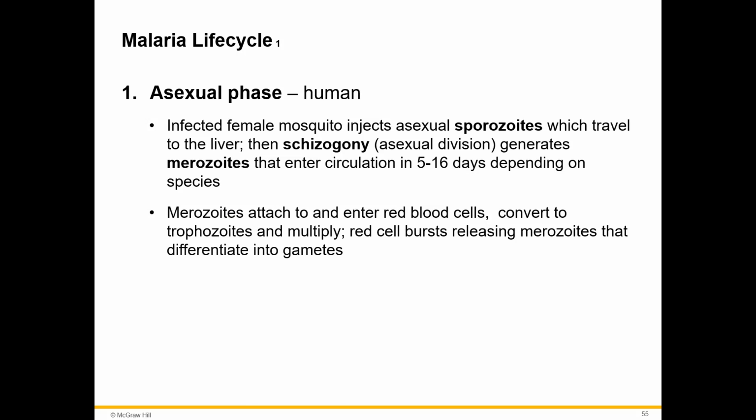So when it's in its asexual phase, that's when it's in the humans. And so you're only ever bitten by female mosquitoes, okay? So you get infected by a female mosquito, and she'll basically inject these what we call sporozoites, and those will eventually travel to the liver, and then basically they'll have what we call schizogony, which is just a fancy word for asexual division.